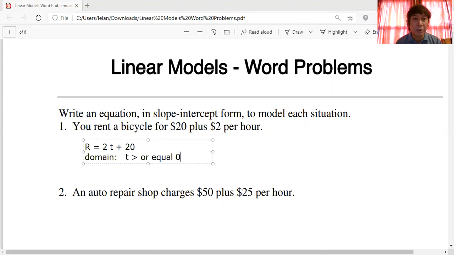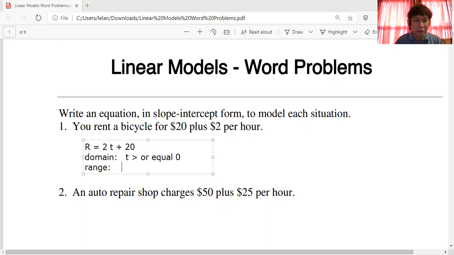How about the possible range? Now the range starts with, of course, $20. That corresponds to 0. At 0 time, you pay 20. And then as you use your bicycle for hours, for every hour you add $2.